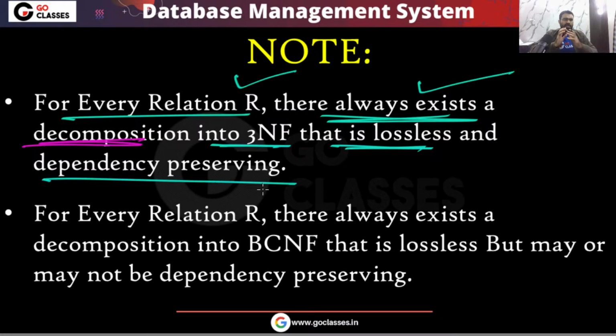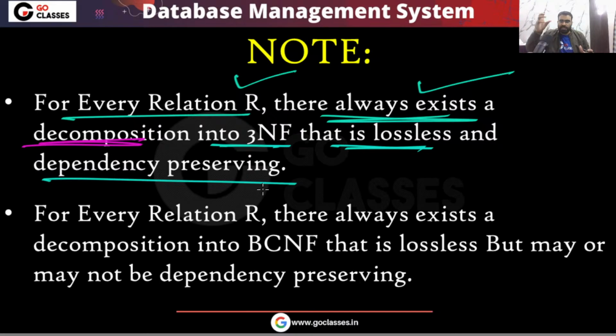Means take any relation. For every relation R, there is at least one decomposition which will be 3NF also, lossless also, dependency preserving also. Basically, for every relation R, these three things are possible.